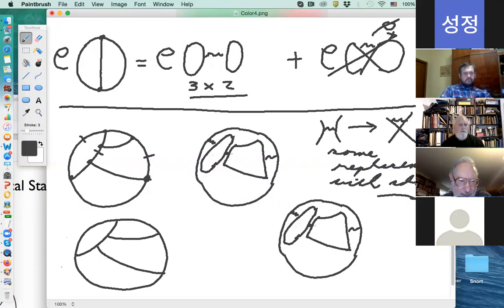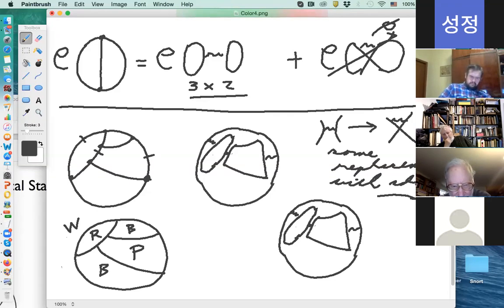So if we wanted to do that kind of cheating, we could start with white, and then this could be red, and this could be blue, and that could be blue, and this would be purple. In which case, I have a red here, and I have a blue here, and I have a purple there.